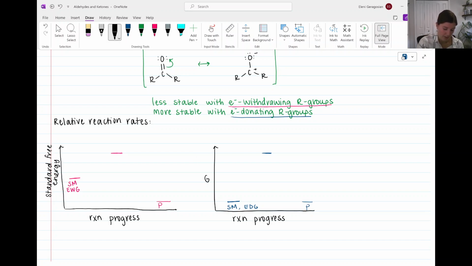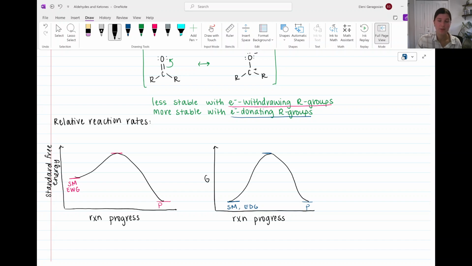So if we draw out the reaction coordinate diagram, we have our transition state at this energy, and then products at a lower energy for both the molecule with electron withdrawing groups and the molecule with electron donating groups. So we have our two diagrams to show relative reaction rates. Our pink diagram has starting material with electron withdrawing groups. Blue has starting material with electron donating groups.